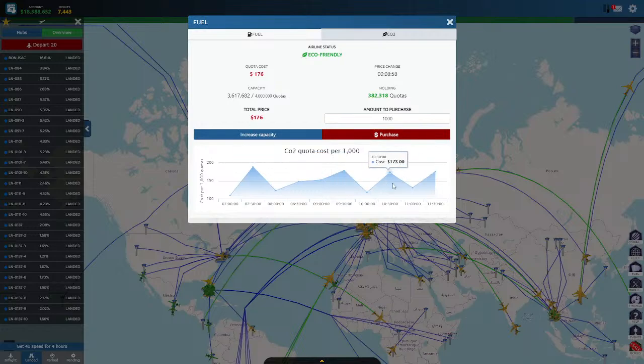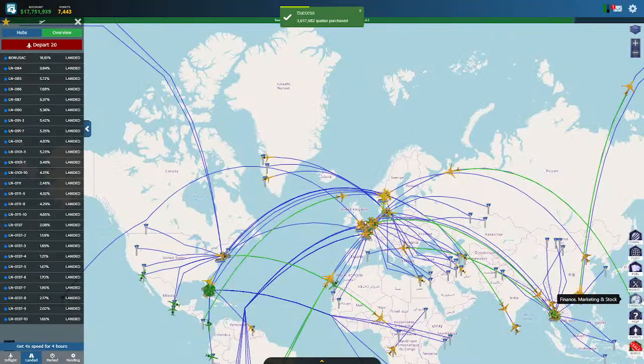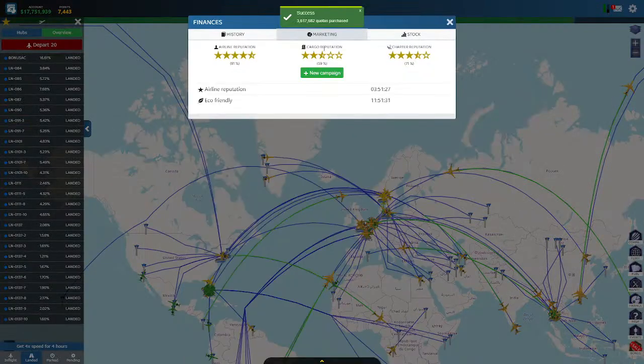And this doesn't cost that much, so I don't care too much about the price. Because I need to fill it up if I'm going to use the, 682.